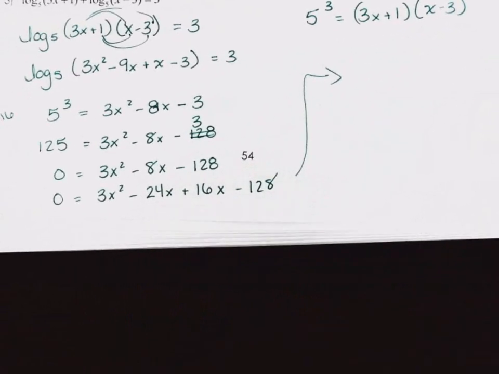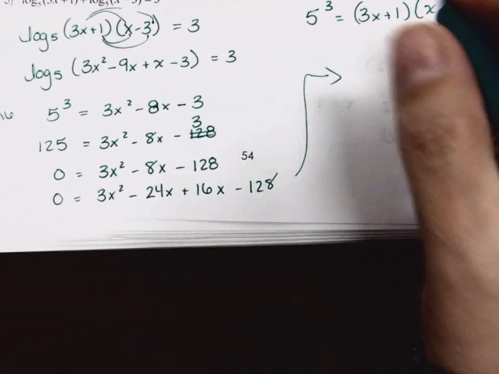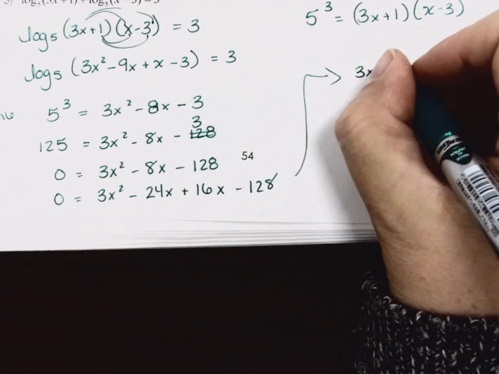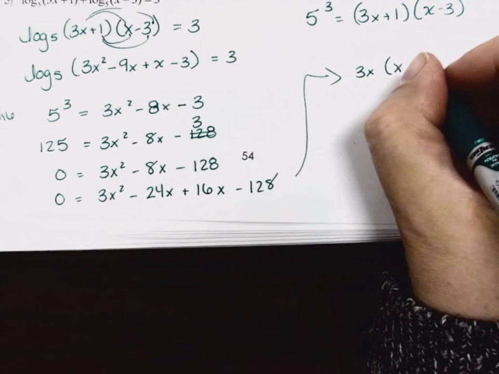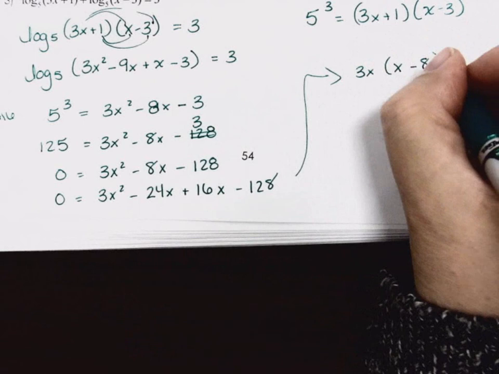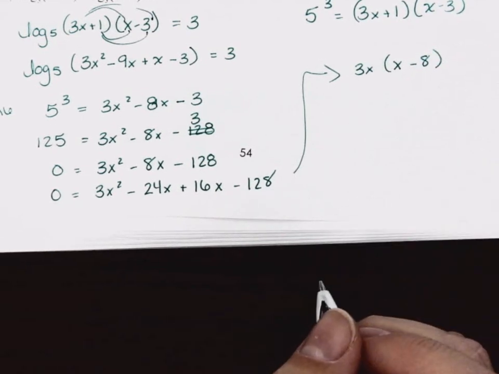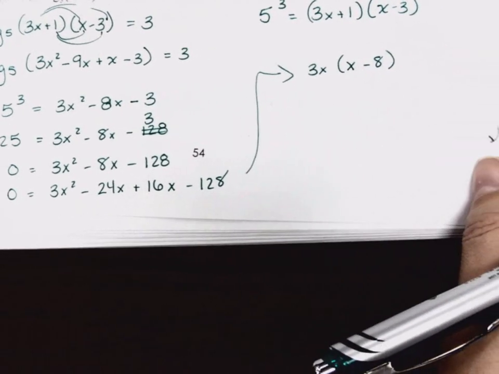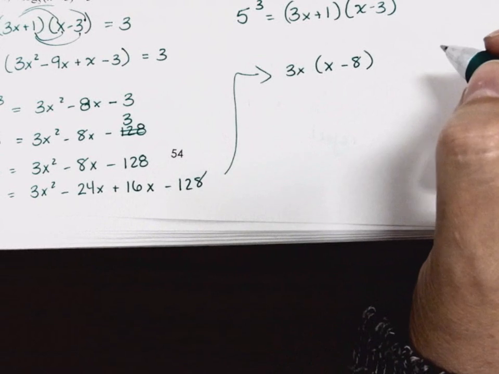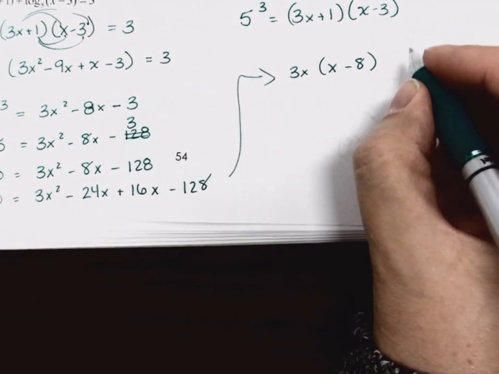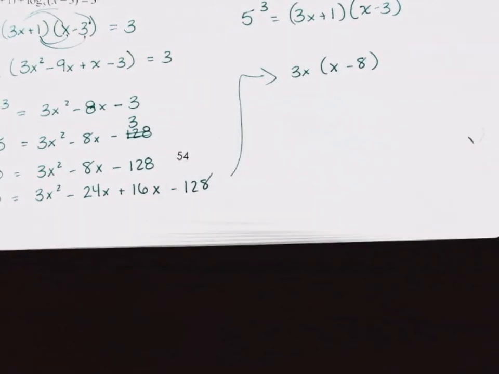You can't do that though, because it's multiplied by 3. If this was x squared, it could be, it's not. What's happening? I don't understand what's happening.